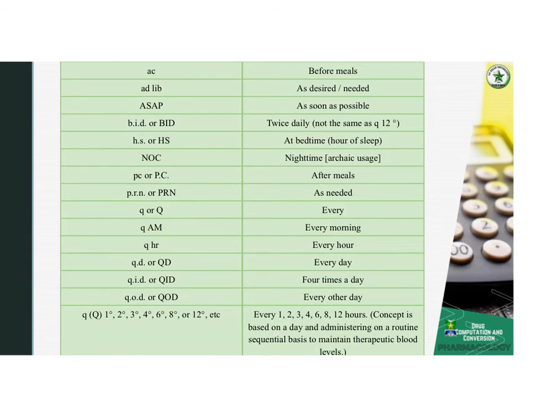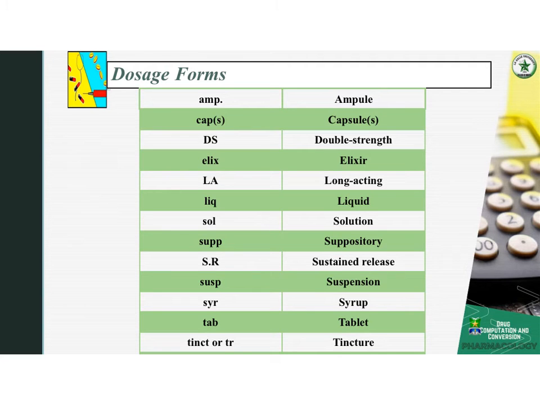Dosage forms, we have AMP, that stands for ampule. Cap or caps, that's capsule or capsules. Your DS stands for double strength. Your elix is the elixir, another kind of liquid dosage form.